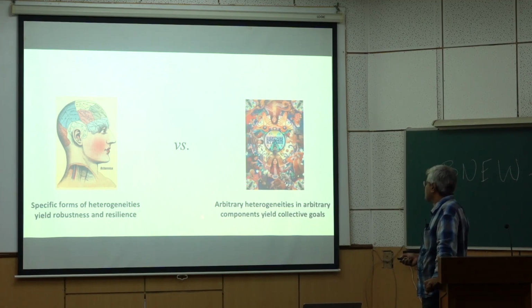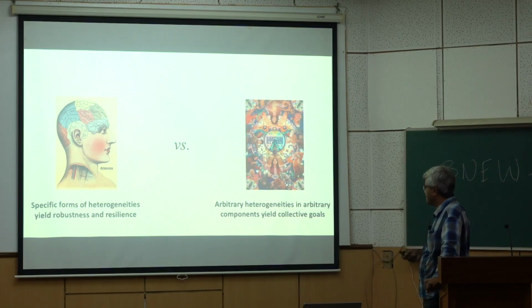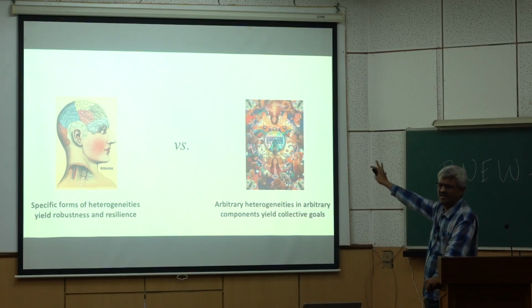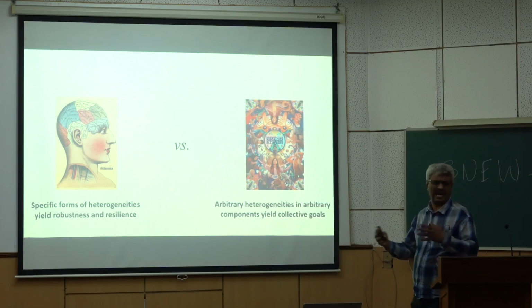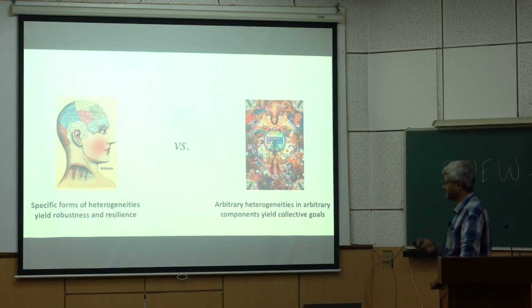At the other end, you could have a scenario where it doesn't matter what kind of heterogeneities are there or what components they are introduced into, they will give you better resilience and robustness. That is whitewashing the whole thing and saying that heterogeneities are good, we should have them, otherwise it's not going to work. But our own work has shown that in some cases it is hampering, in other cases it is beneficial. So that kind of whitewashing is not possible here.